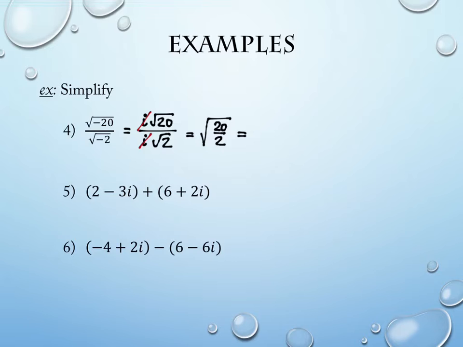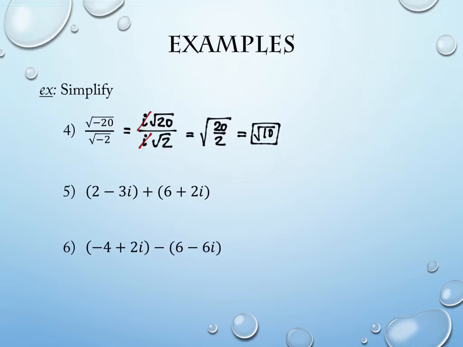So what's 20 divided by 2? 10. And we get the square root of 10, which we're done. If we had worked ever so hard to try to simplify the 20, I would have then had to rationalize the denominator. It would have been quite a bit more work on this one. There's no guarantee on which way is going to be faster, but this one works really nice like this.